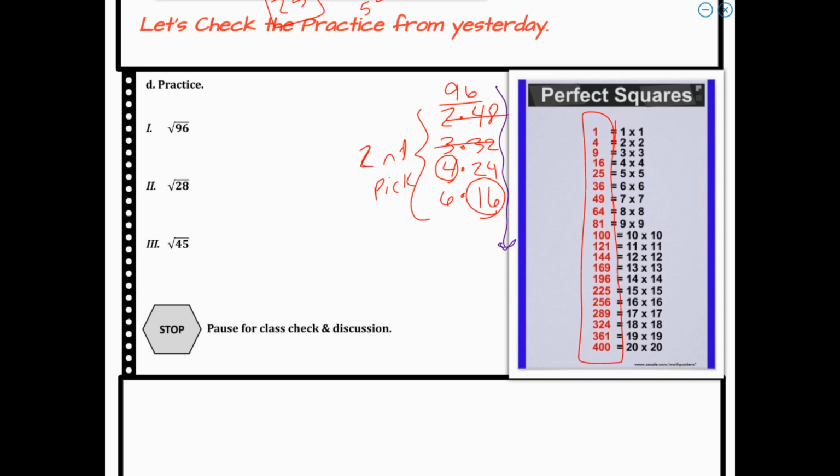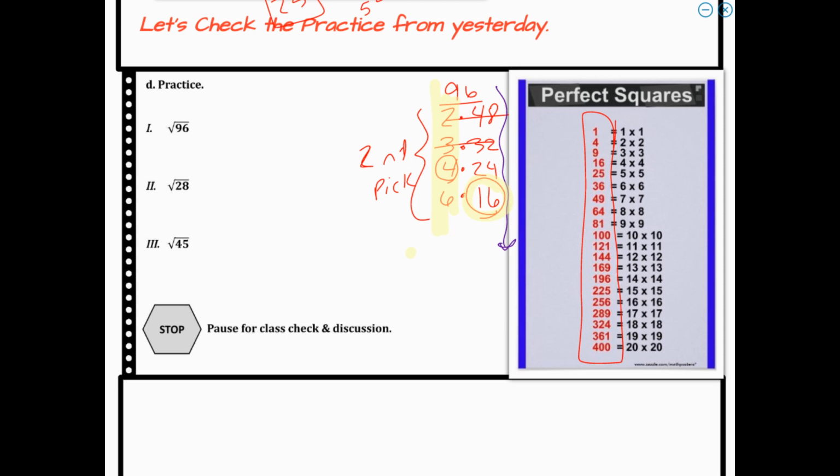If you work them out in an orderly fashion, then the first one that you come to on this big side is going to be your biggest perfect square. You don't need to keep going if you've done them in order.